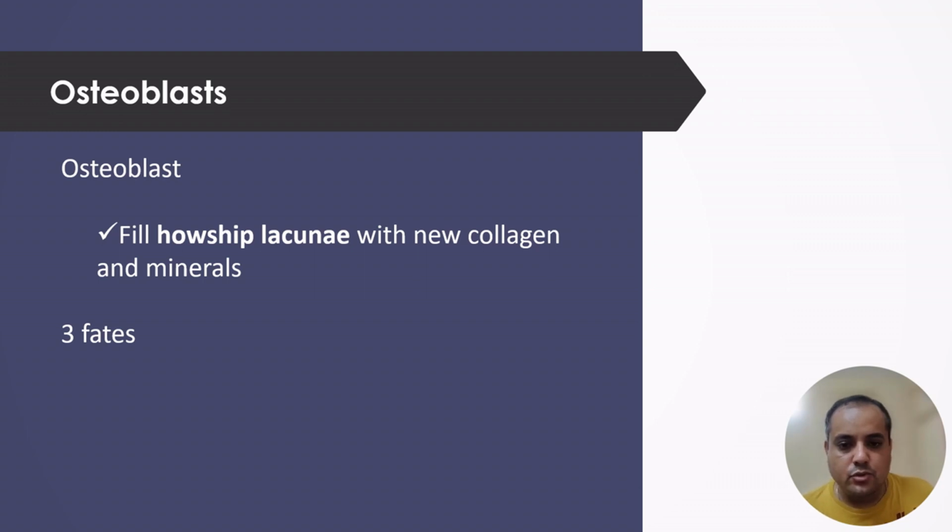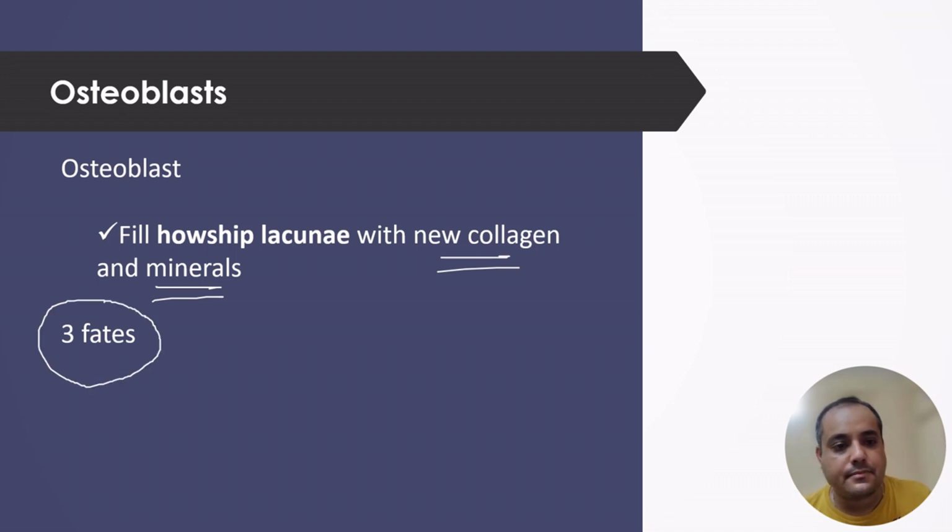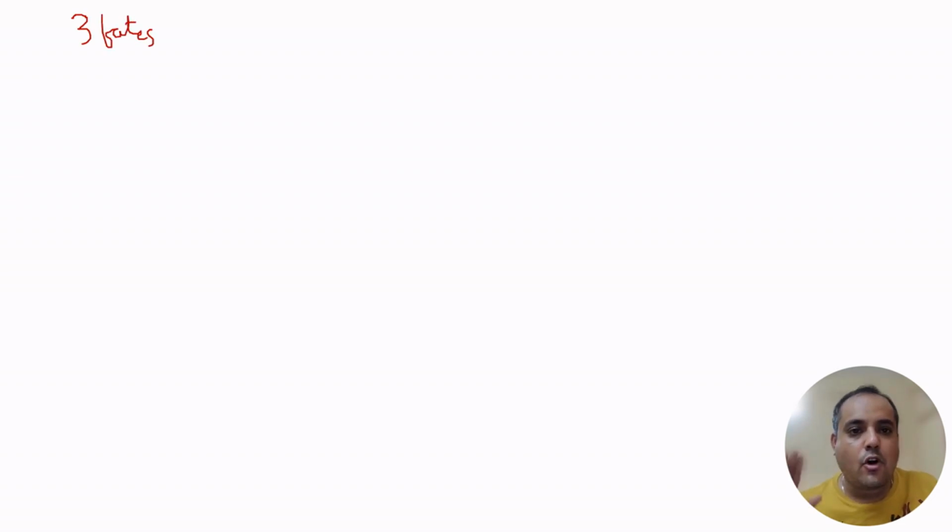So now we come to the osteoblasts. These osteoblasts are the bone forming cells. They fill up the Howship lacunae that was formed with new collagen and new minerals. And ultimately the osteoblasts can have three fates. Now let us see what are the three fates of an osteoblast.